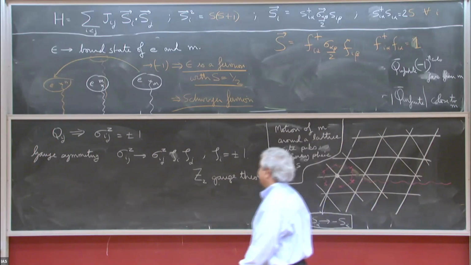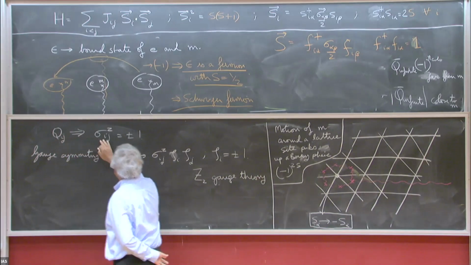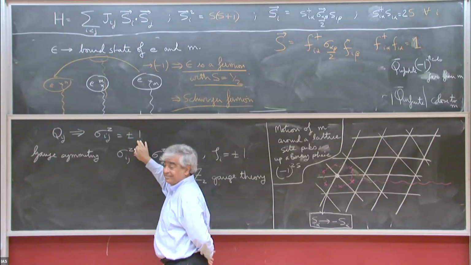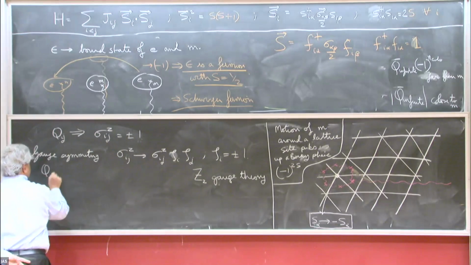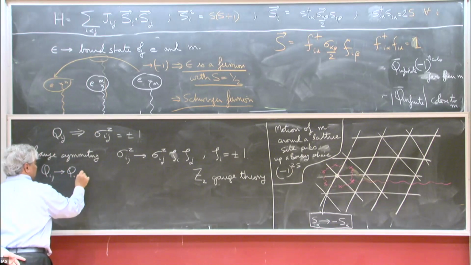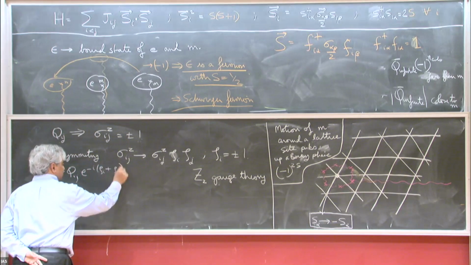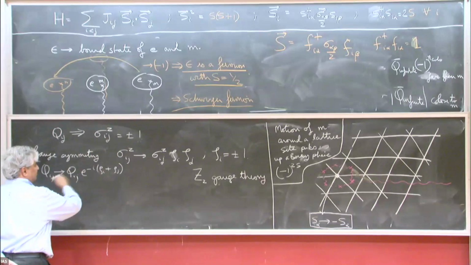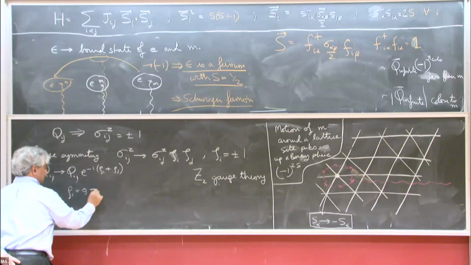Well, once we restrict Q to be real and just equal to plus or minus 1, then the original gauge transformation, which is Qij goes to Qij e^(-i(rho_i + rho_j)), still has some life left in it, because rho_i can be 0 or pi.